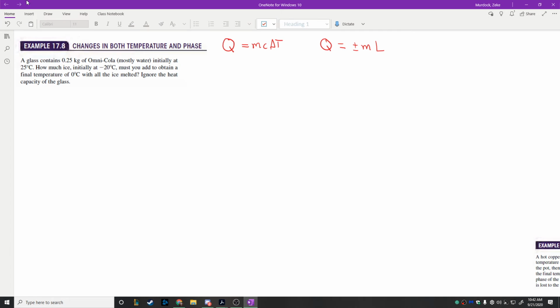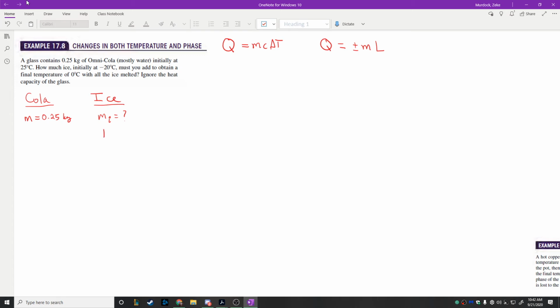So we're given two substances here. You've got the cola, and then you've got the ice. For the cola we're given the mass. The ice, we don't know what the ice mass is, so the mass of the ice will be an unknown.